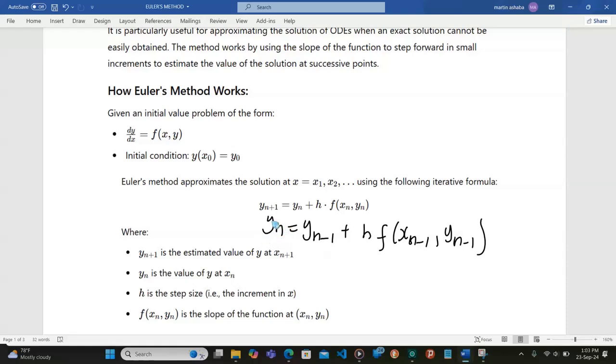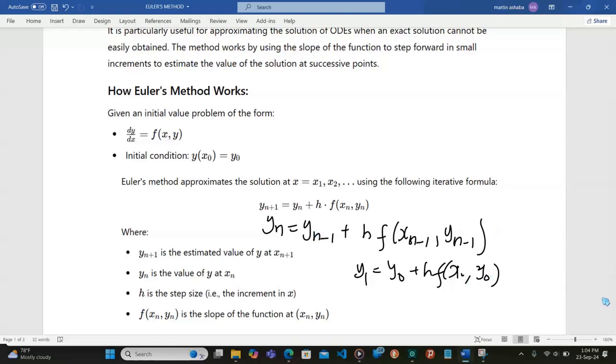For example, if you are beginning with the initial conditions x naught, then we can determine the solution of the ordinary differential equation. At that point, we will be able to find y1. So y1 will equal y naught plus h f of x naught and y naught.